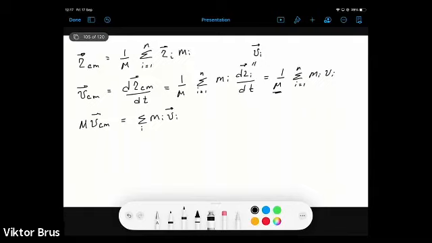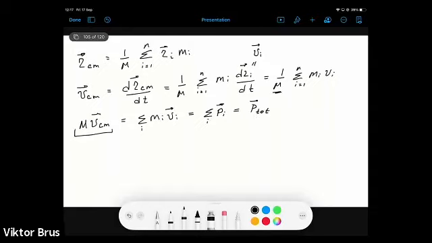And that is the sum of all linear momentum vectors, so it's the total linear momentum vector of the system.